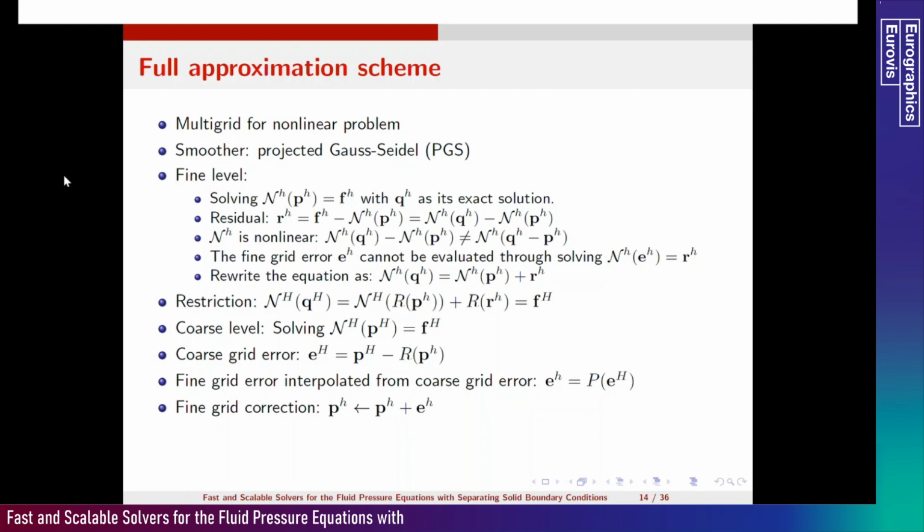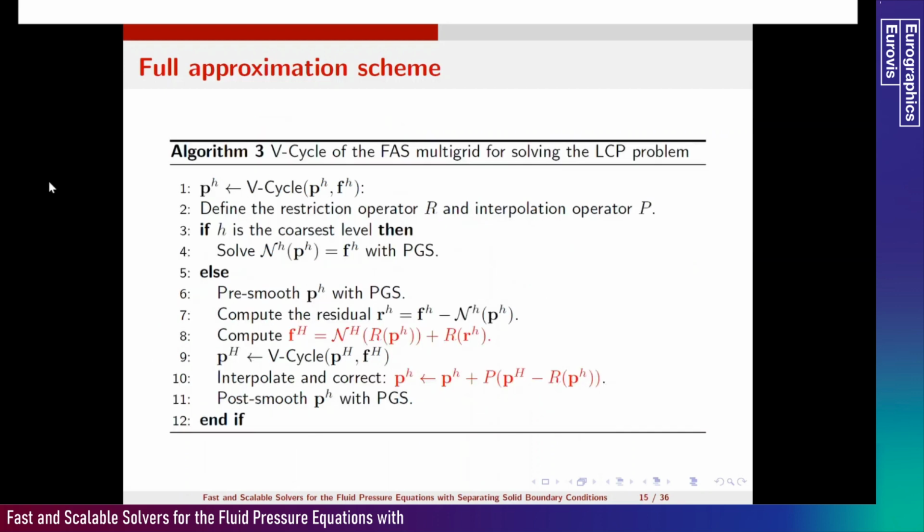Solving the error equation directly may result in a very inaccurate fine grid correction. Instead, we restrict both the solution and the residual into the coarse grid. We obtain the coarse grid error by subtracting the restriction of the fine grid solution from the coarse grid solution. Then, we interpolate the error back to the fine grid and perform the correction. Here, the formulas highlighted in red indicate the differences from the linear multigrid.